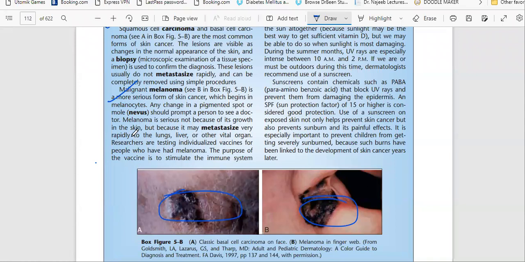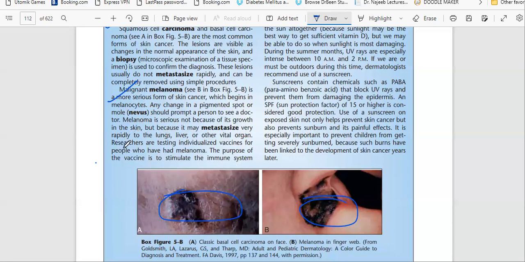So why is melanoma cancer very dangerous? Because it occurs in melanocytes, it metastasizes, meaning it will easily go to the lungs, the liver, and other vital organs, like the heart, stomach, intestine, kidneys, brain. They will be affected. That's the reason melanocyte carcinoma is more dangerous than other skin cancers.